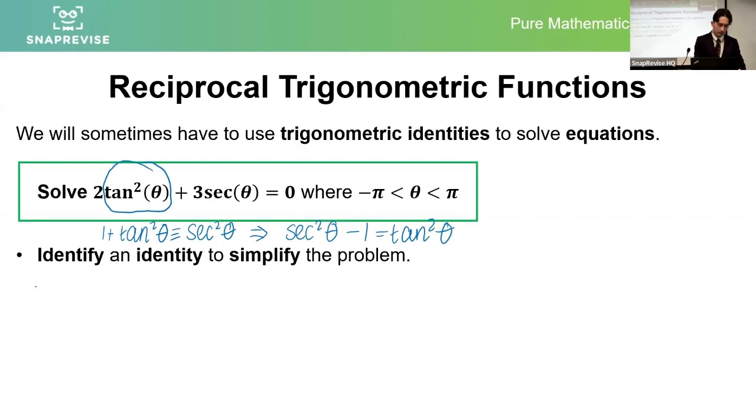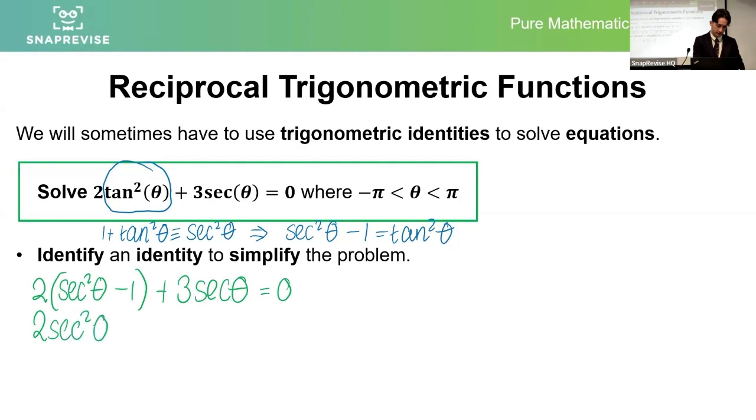So we'll fill this in as 2 sec squared theta minus 1 plus 3 sec theta equals 0. And then we're going to get 2 sec squared theta minus 2 plus 3 sec theta is 0.